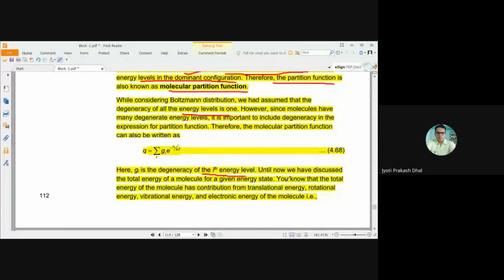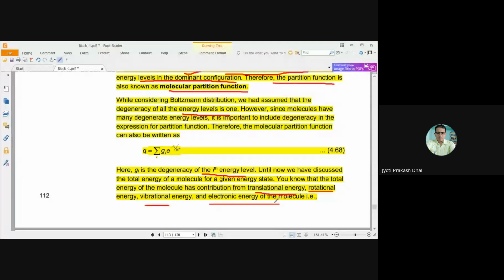Until now we have discussed the total energy of a molecule for a given energy state. The total energy of the molecule has contributions from the translational energy, the rotational energy, the vibrational energy, and the electronic energy of the molecule.